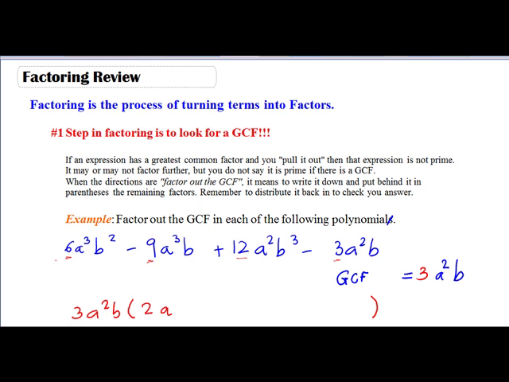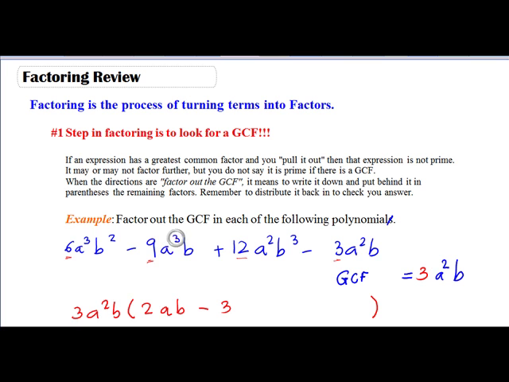That's how you get the answer. Then you have B squared here, but you pull out 1B. Therefore you must have 1B left, because B times B is B squared. Minus 9 here, you have 9 in the beginning, but you pull out the 3. So you must have 3 left, because 3 times 3 is 9.